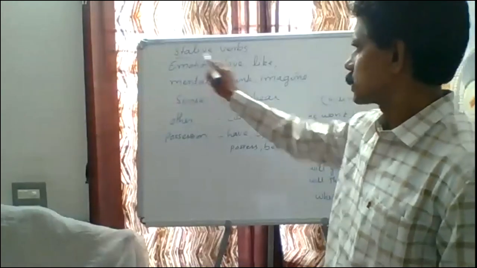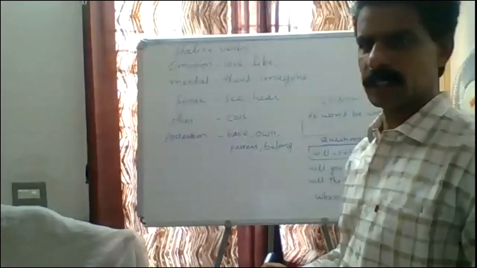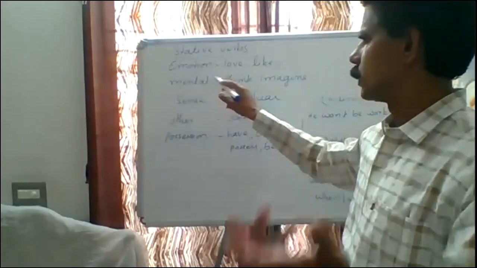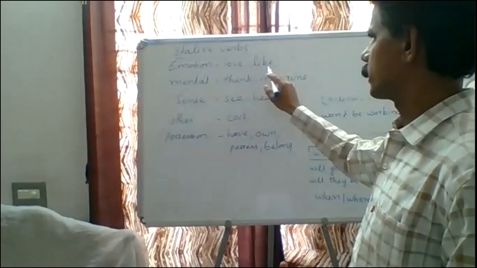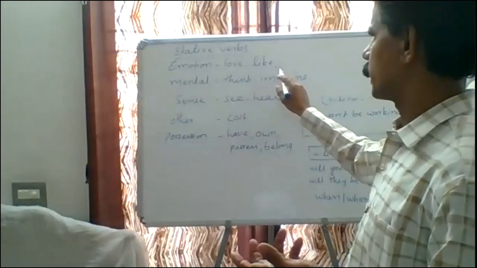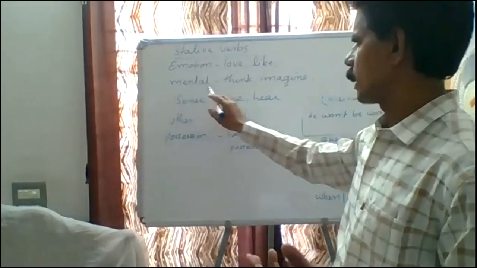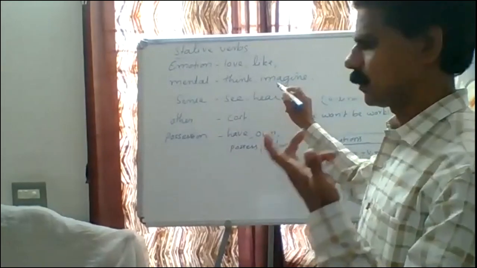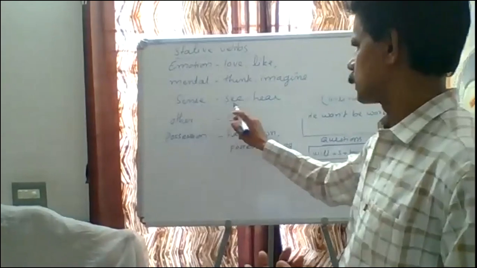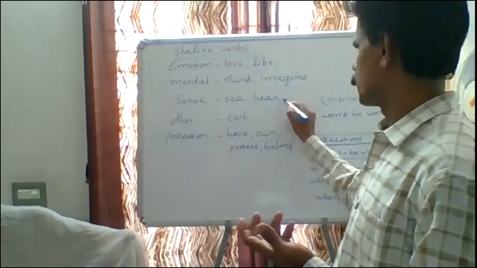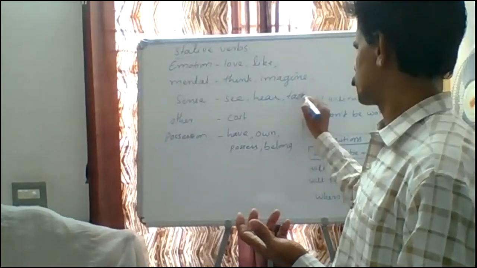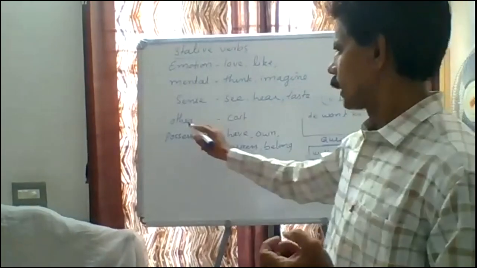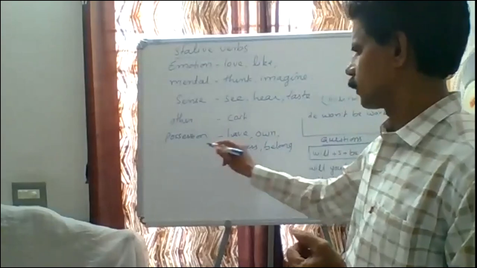These are stative verbs. What is meant by stative verbs? I want to give you an idea. Emotion related verbs, that is love, like, etc. Mental related, mind related words, think, imagine. Sense related, see, hear, taste, etc. All other verbs, cost, such kind of verbs.